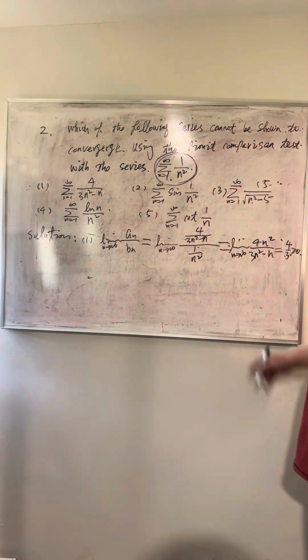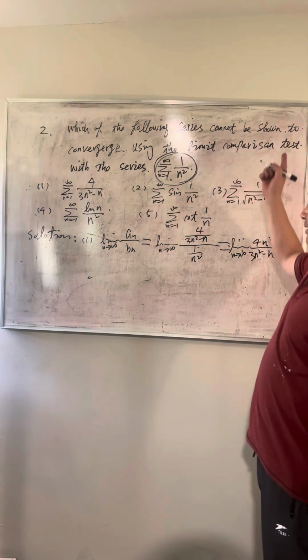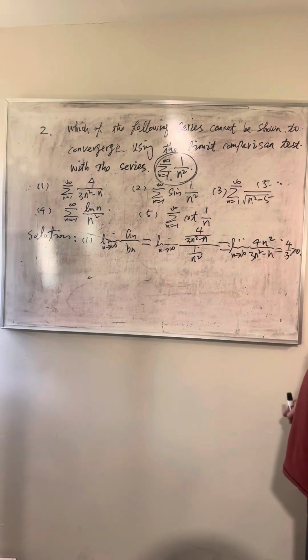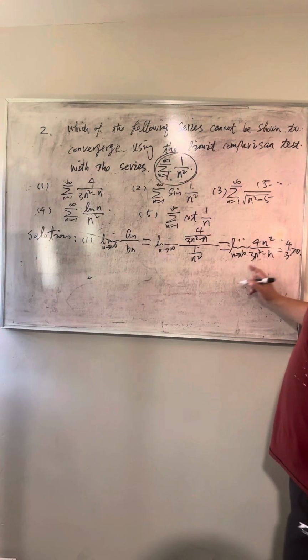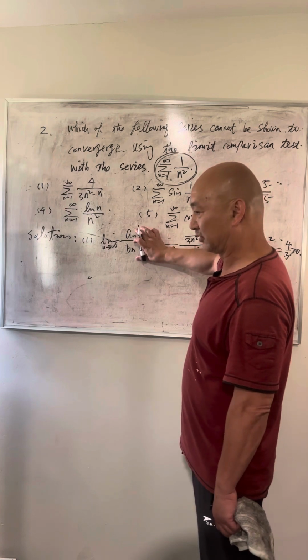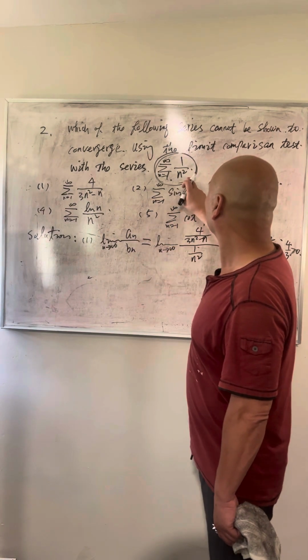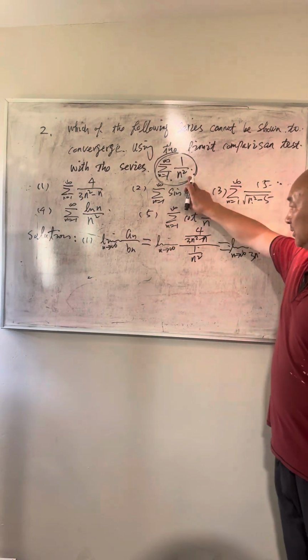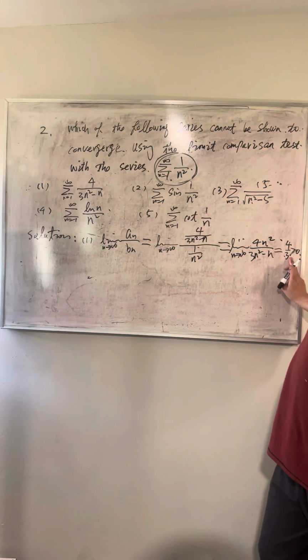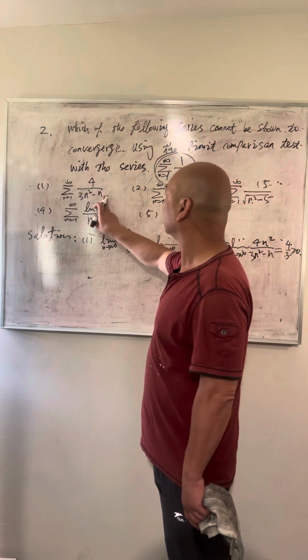So by the limit comparison test, the limit is positive, so both are convergent or divergent. Right now we know this is convergent, so this one must be convergent.